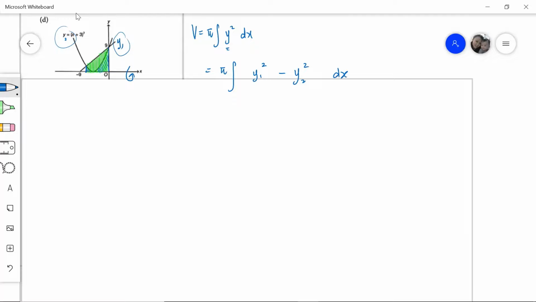Okay, and then what is the boundary? The boundary will be the intersecting point here. So we have to find this one. But do we know the function of the straight line? We can always find it, because according to the linear graph, y equals mx plus c. The c here is 9.